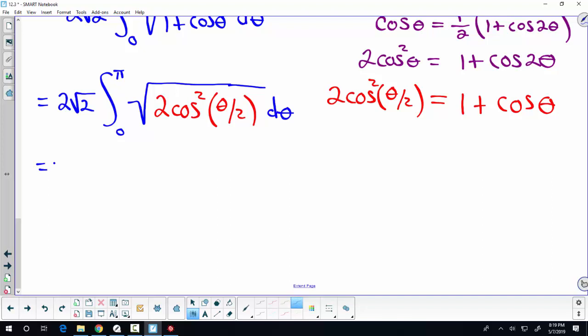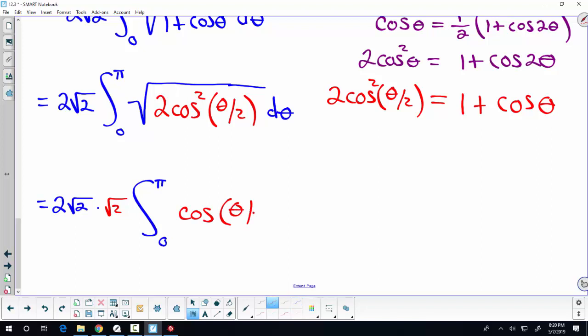So we have 2 root 2 times the other root 2, times the integral from 0 to pi of cosine theta over 2 d theta. Yeah, so our constant is just 4.